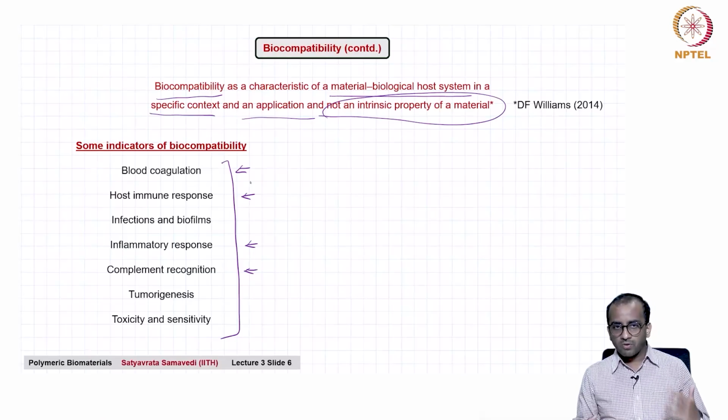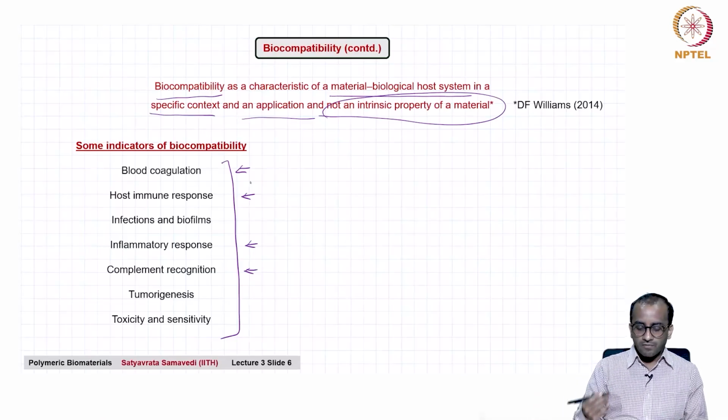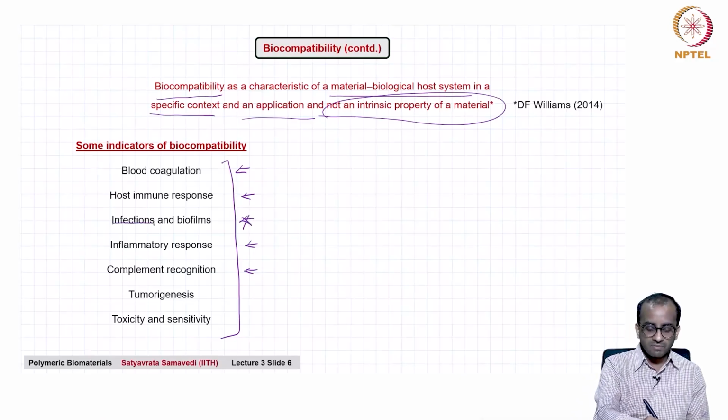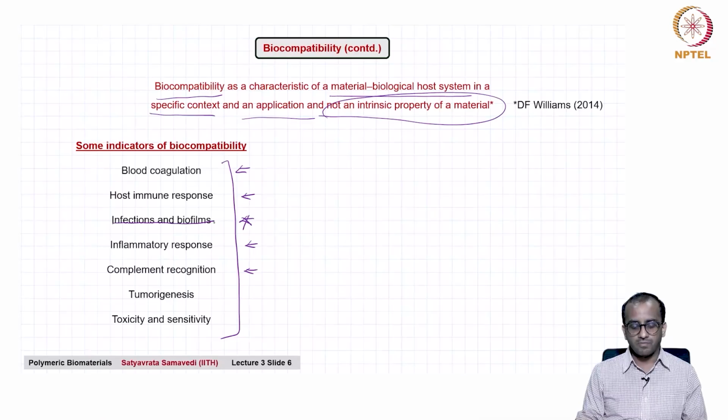So, we have blood coagulation that happens, then the body mounts an immune response against the biomaterial, which involves inflammation, and then there is complement recognition, and with time the idea is that should go down and the material gets integrated into the host. Of course, if things go wrong, you can always have things like infections and biofilms, which you do not want.